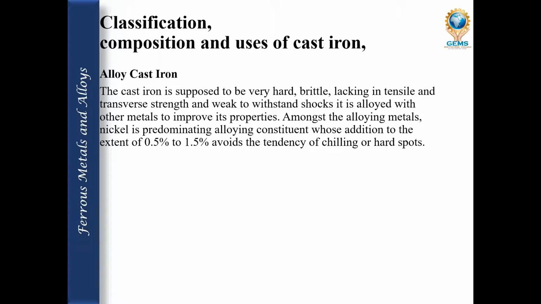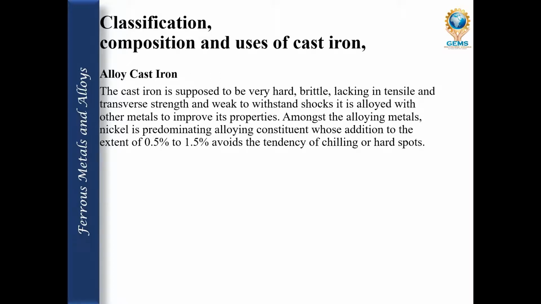Cast iron is very hard, brittle, lacking in tensile and transverse strength, and weak to withstand shocks. So it is alloyed with other metals to improve its properties.